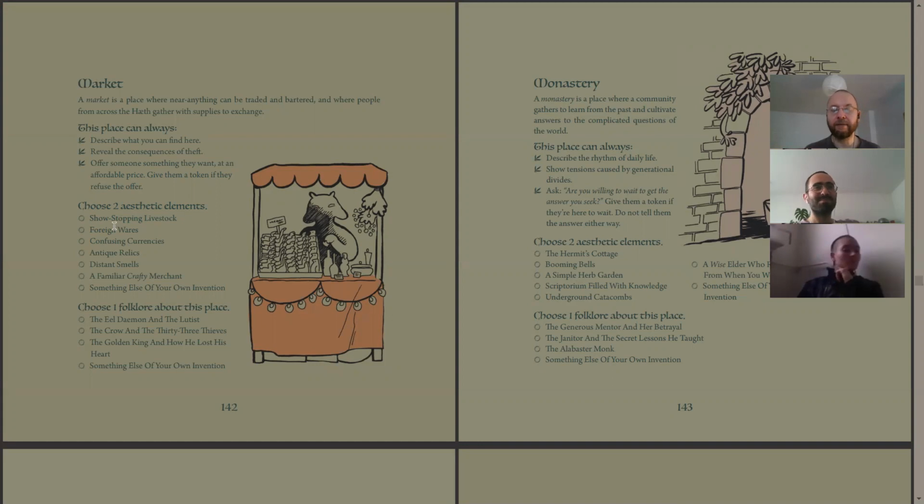And then you can once again flesh it out by choosing two aesthetic elements, and then choose one folklore about this place, which are almost like fairy tale titles, like the eel, demon, and the lootist. And now you have the right to define, as playing the market, what is the story of the eel, demon, and the lootist.